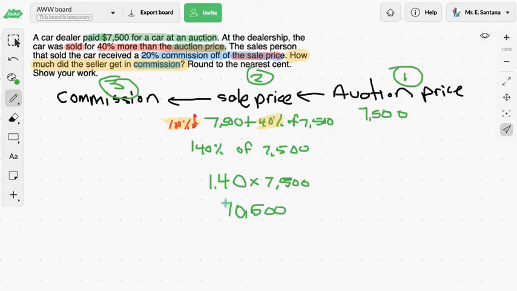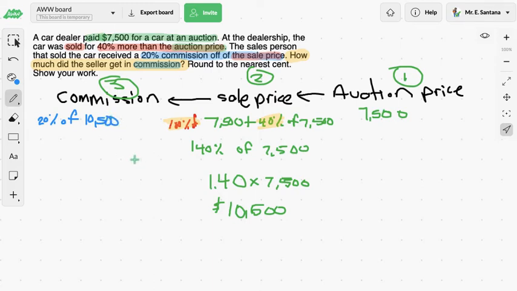Now, this is the amount of money that I need to calculate the commission from. It says that it's 20% off of the sale price. So I have to determine, and let me switch colors so we know what we're working on, 20% of 10,500.